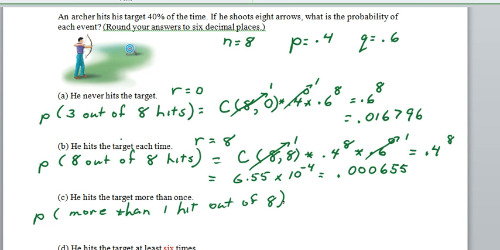We could say the probability of 2 hits plus 3 hits plus 4 hits plus 5 hits and compute all of those and then add them up, but it would be much easier to say that is 1 minus the probability of 0 hits plus the probability of 1 hit.